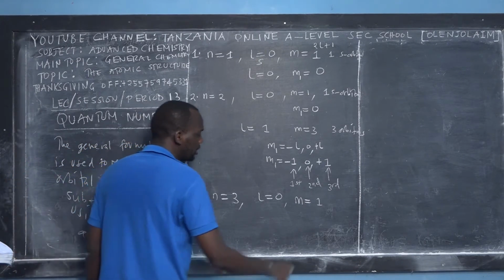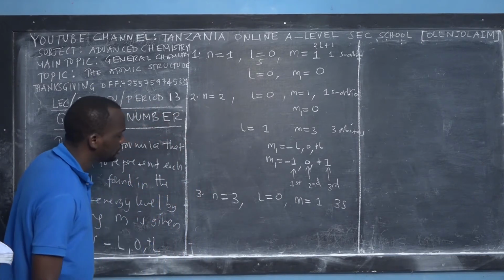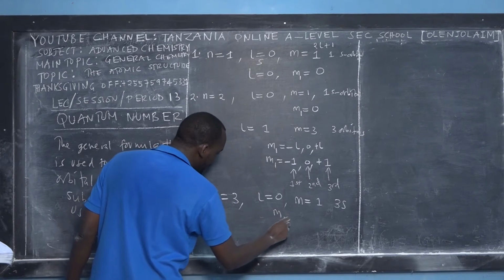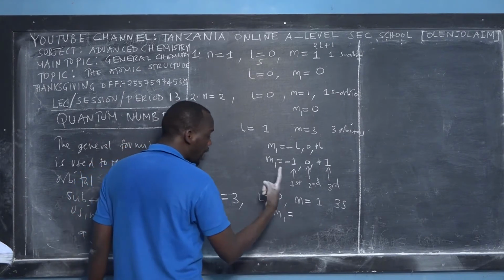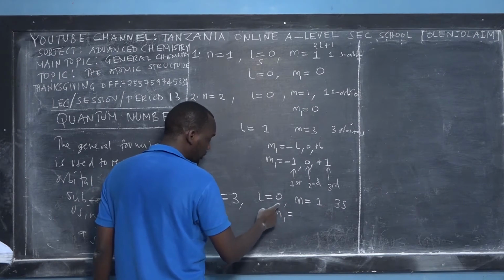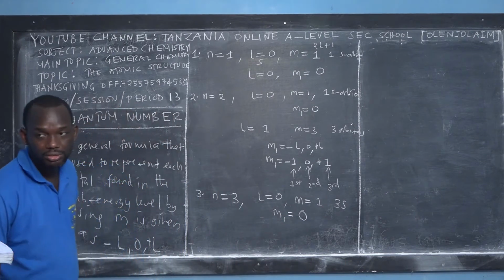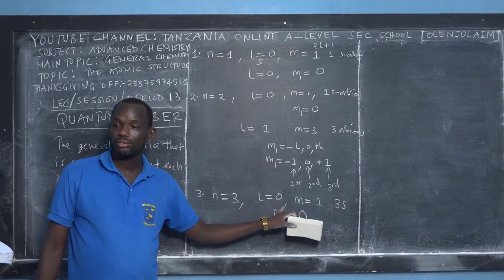So I told you that this we label as the 3s orbital, sub-energy level. Good. Then in terms of magnetic quantum number, M1 is equal to what? Because you have only one orbital, because L is equal to 0, the limitation, the value of magnetic quantum number will be 0, because the value of the subsidiary number is only 0.